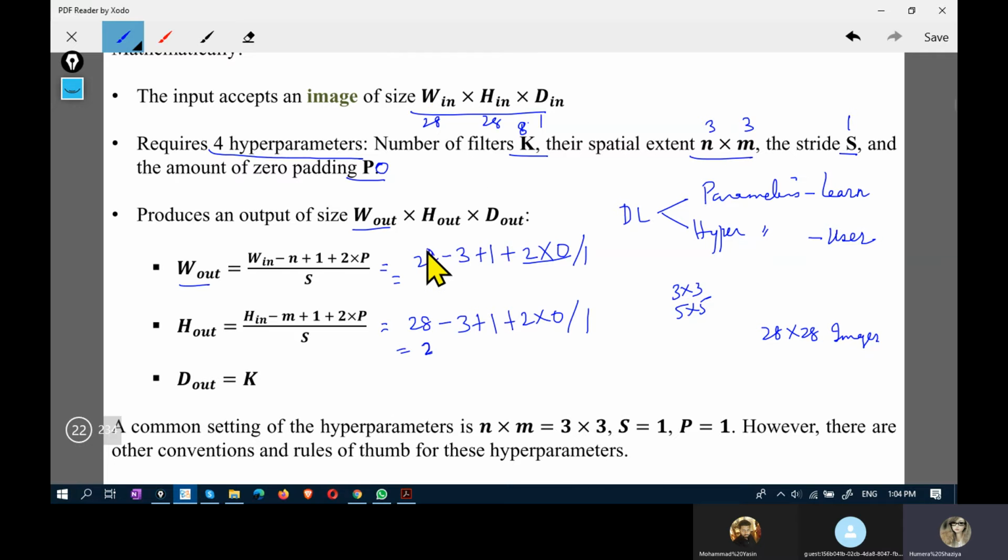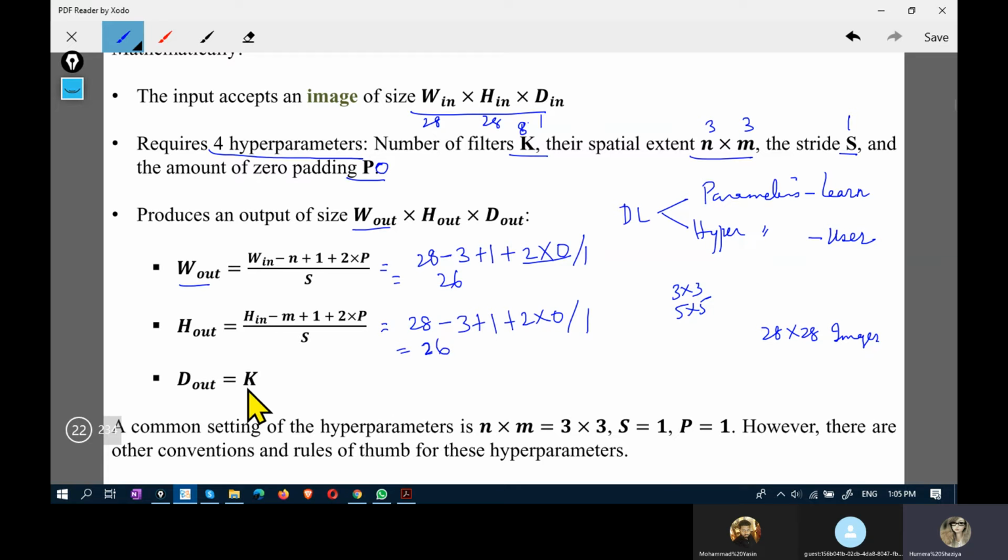So 28 minus 3 is equal to 25, plus 1 is equal to 26. If padding is 0, size is reduced. Instead of 28, the output is now 26 in width. If padding is 1, the output is 28 only.